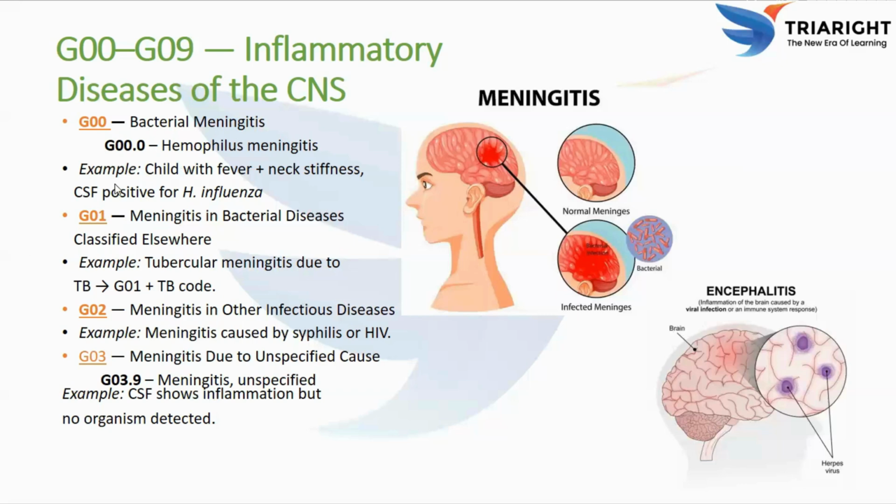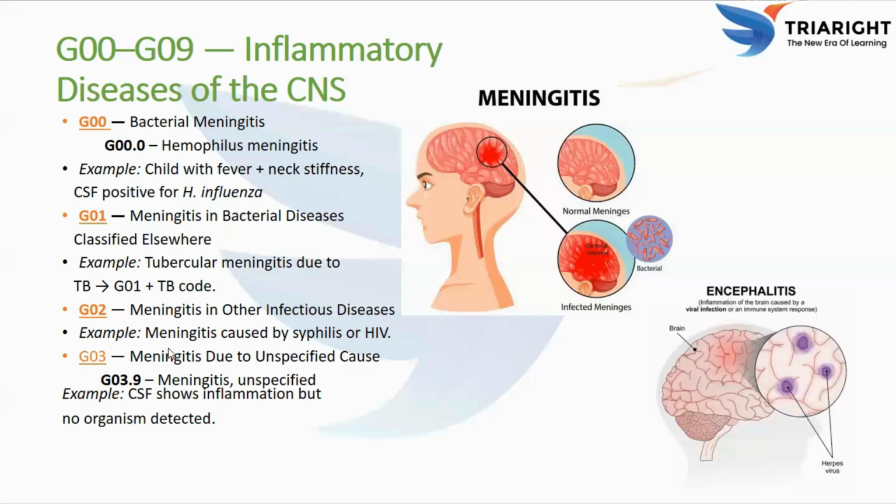For example, tubercular meningitis, you have to code G01 first. Then you have to add the tuberculosis code from the A category series, because here tuberculosis is the main disease, the primary. It has to be listed as the first code because it is causing the meningitis. Now meningitis is an add-on code, a secondary diagnosis. You got my point, right?